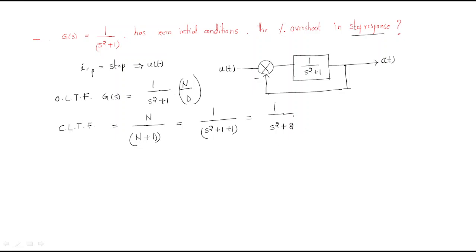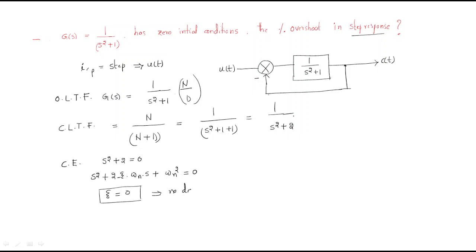Just observe here, we have the characteristic equation s square plus 2 equal to 0. If you compare with the normal characteristic equation, s square plus 2 zeta omega n s plus omega n square equal to 0, in this there is no damping term, so zeta is 0, no damping.